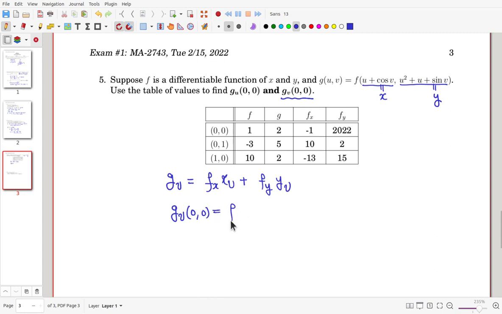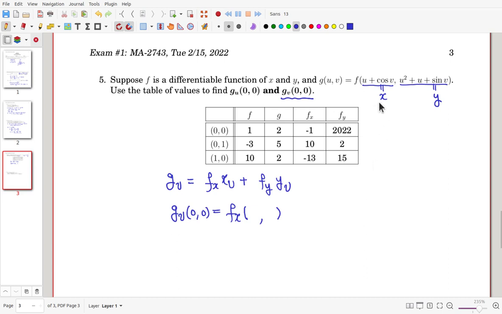But the function f is a function of x and y, so you have to put the corresponding x value and y value when u and v are 0, not (0, 0).